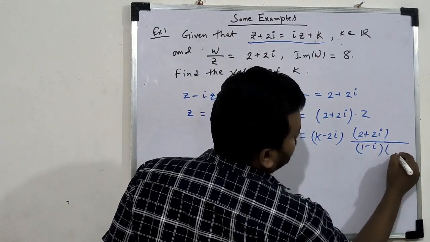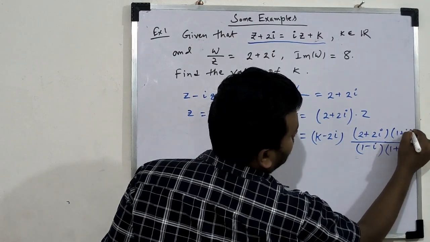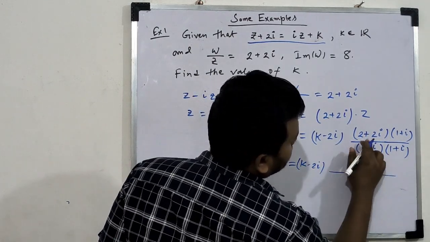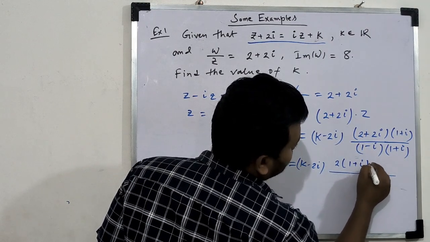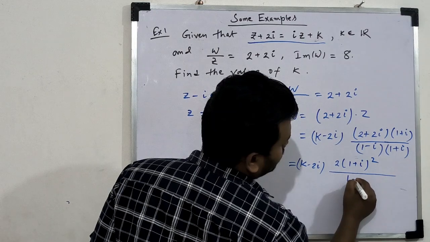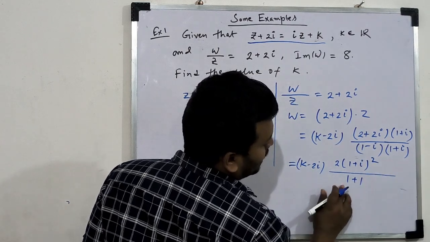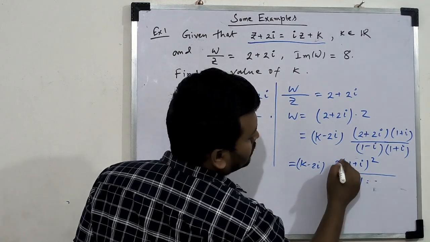By multiplying by the complex conjugate, that is 1 + i, and here 1 + i, so we get (k − 2y), and this becomes 2 times (1 + i) whole squared, and in the denominator we get (1 − i) squared, that is 1 + 1, so this is 2, so this cancels out.